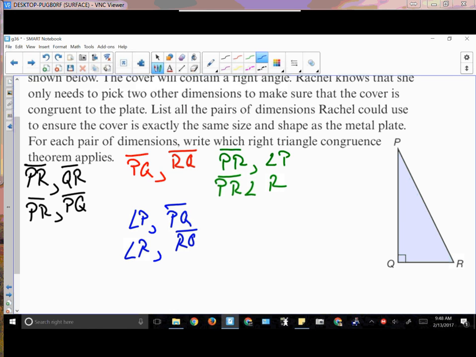And the answer is yes. So any one of those, if I just had those dimensions, I would be able to come up with the correct piece to fit over the top.